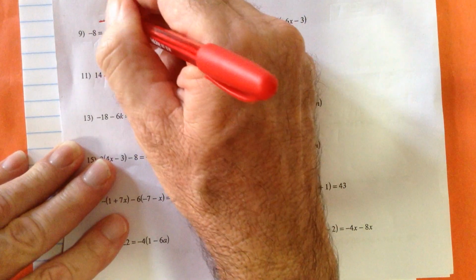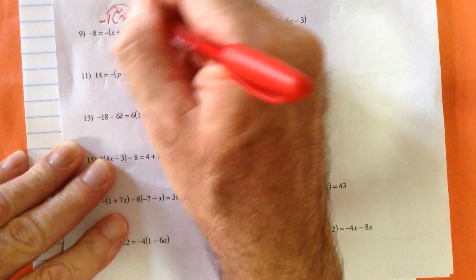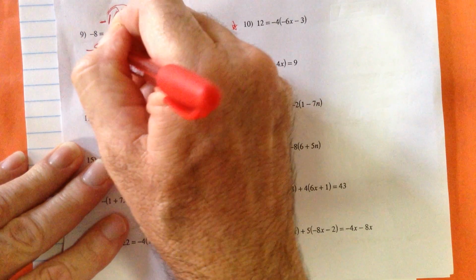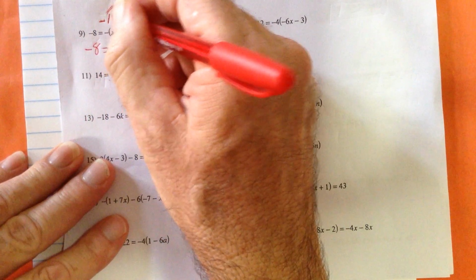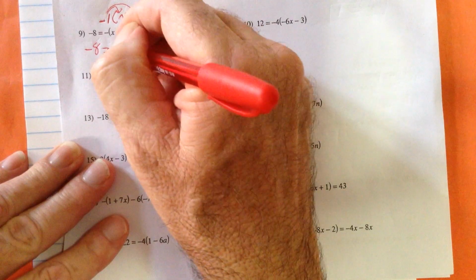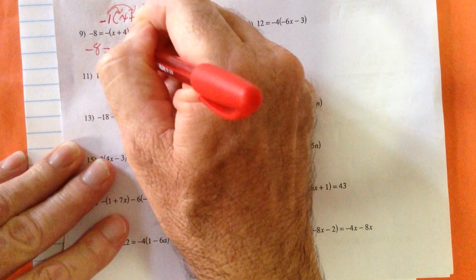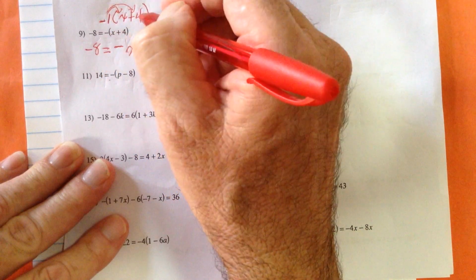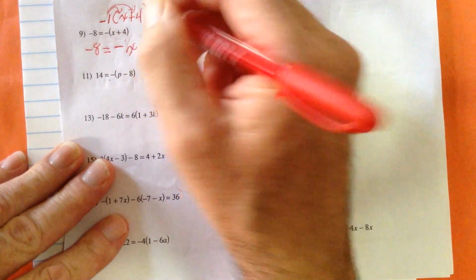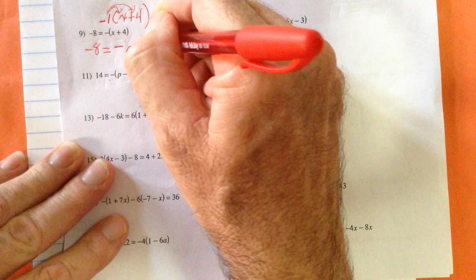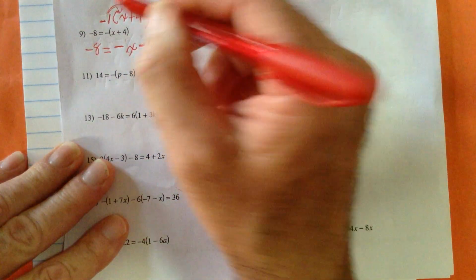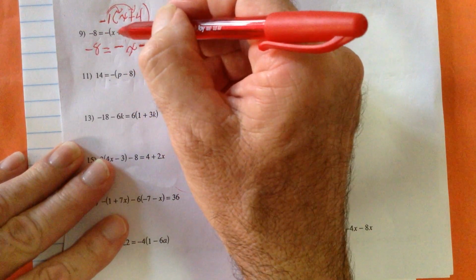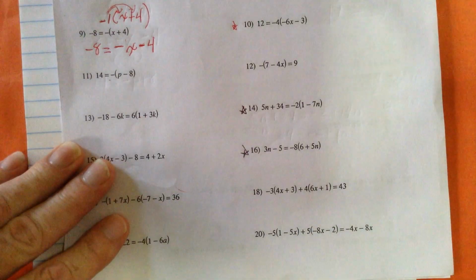So to do distributive, you go negative 8 equals, you've got negative 1 times x. That would be negative 1x, or just negative x. And then you've got negative 1 times positive 4, so that would be a negative 4. So you can see the negative here just changes the signs on the inside.